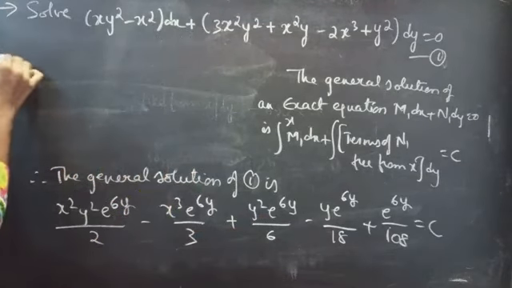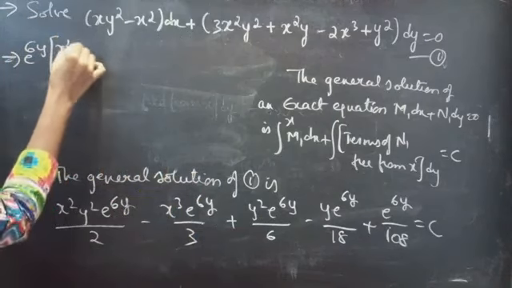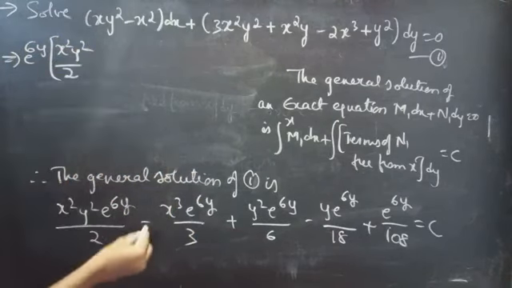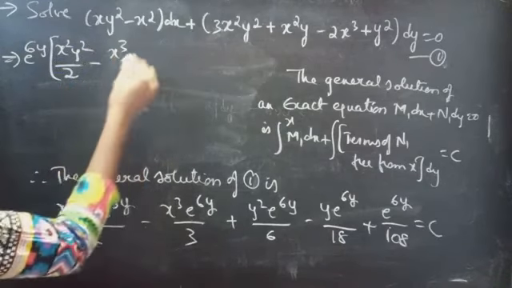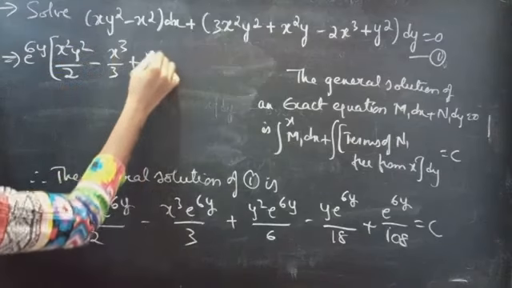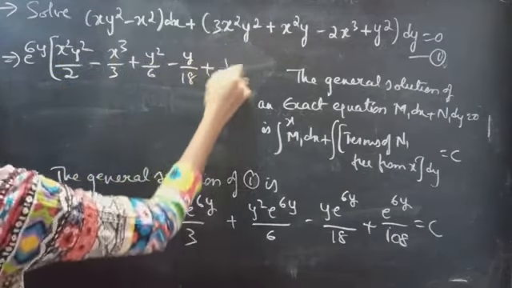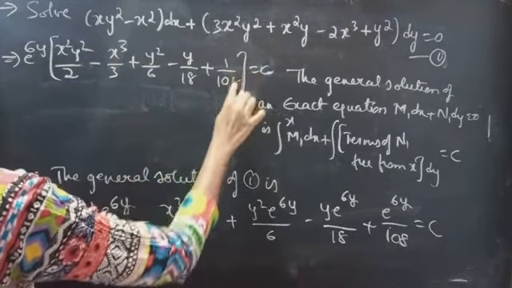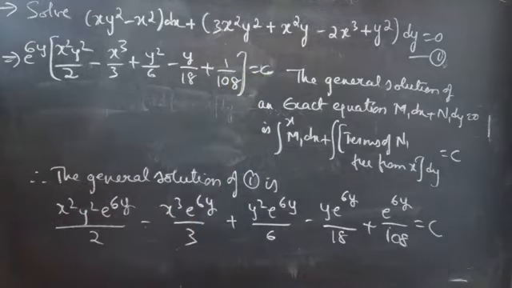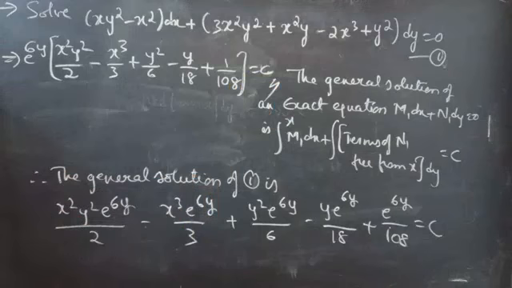Then this becomes e power 6y times x square y square by 2 minus x cube by 3 plus y square by 6 minus y by 18 plus 1 by 108 equals C, which is the required general solution. So this completes the problem.